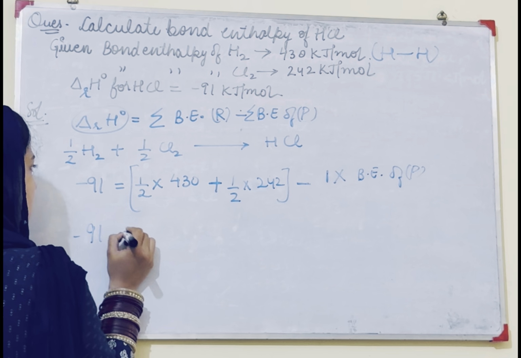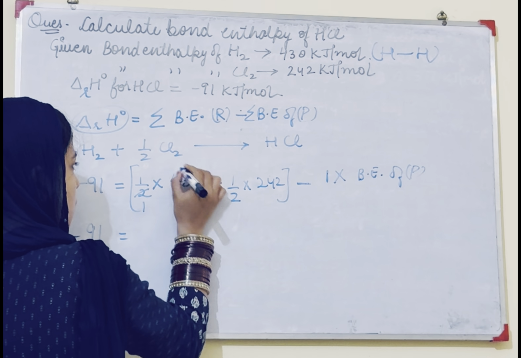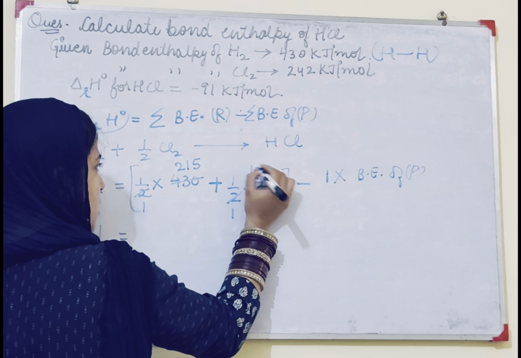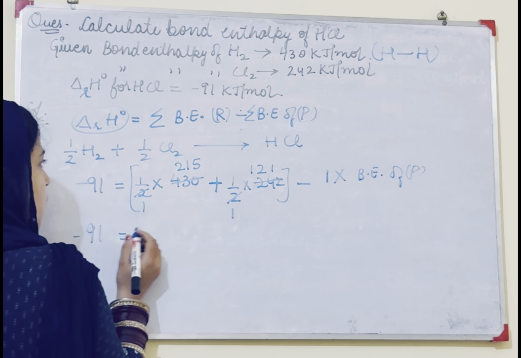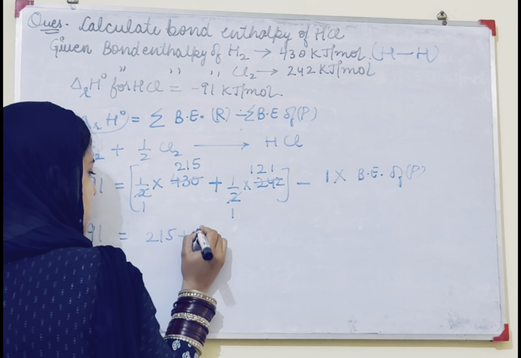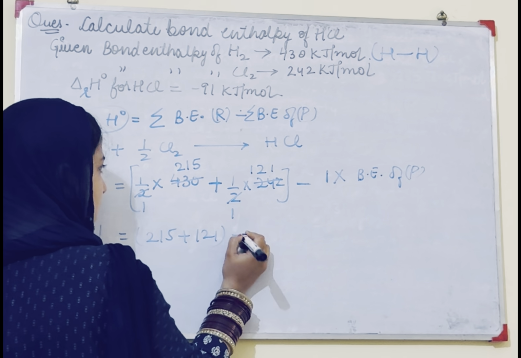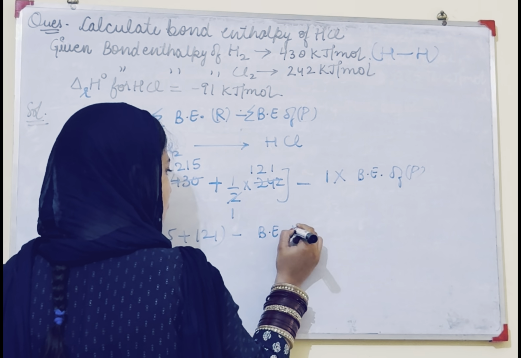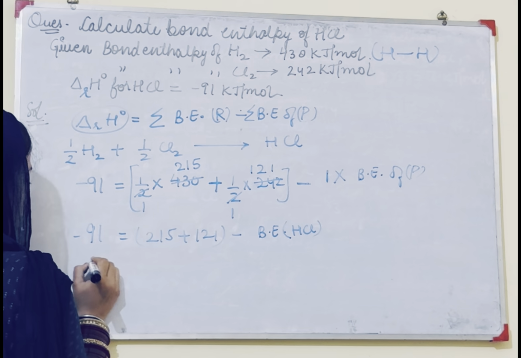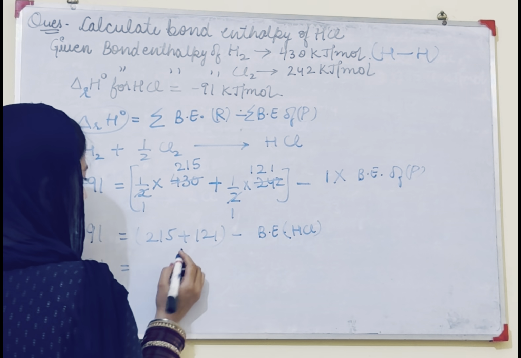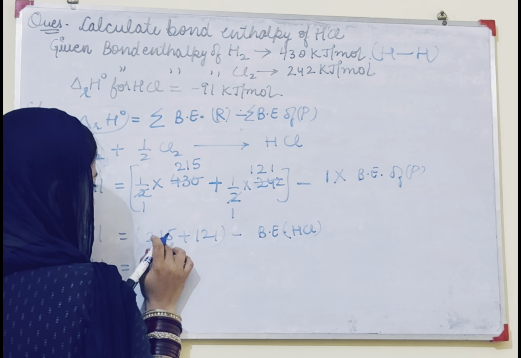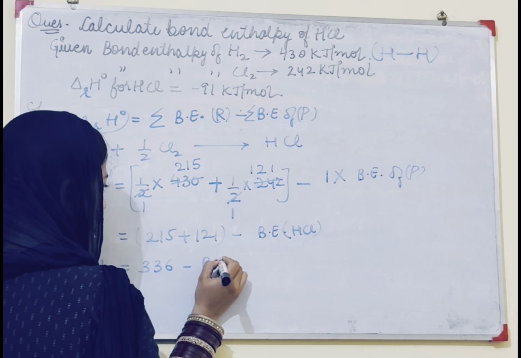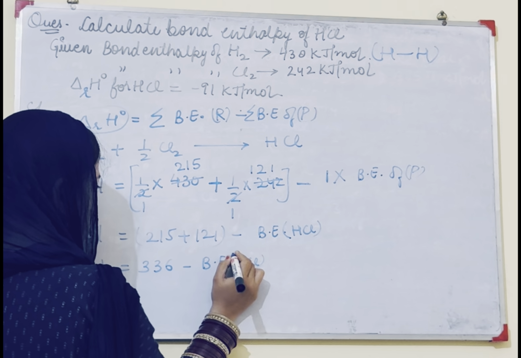Now on solving, you will get 215 plus 121 minus bond energy of HCl. Now 91 is equals to, on adding this, 5 plus 1 is 6, 2 plus 1 is 3, 2 plus 1 is 3, minus bond energy of HCl.